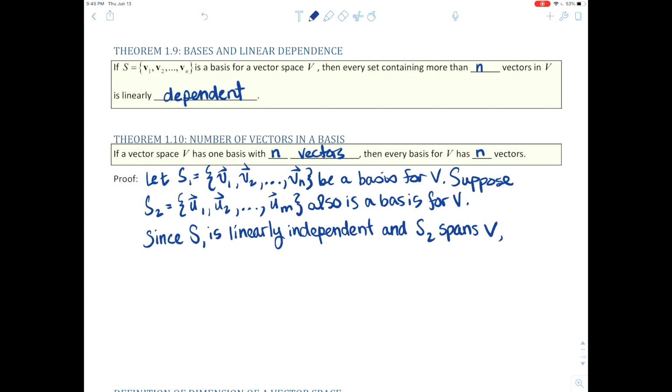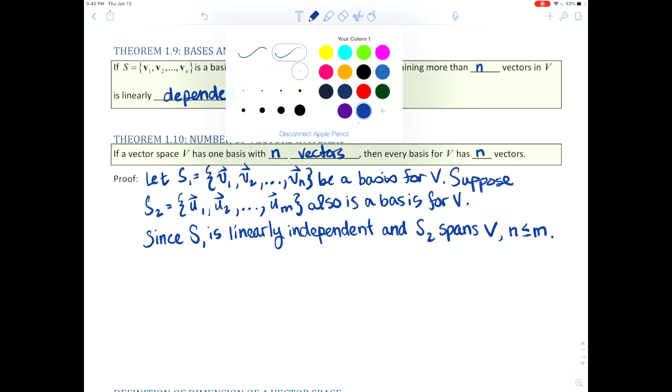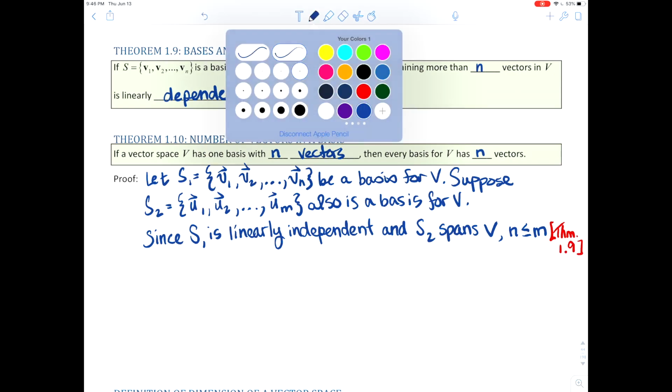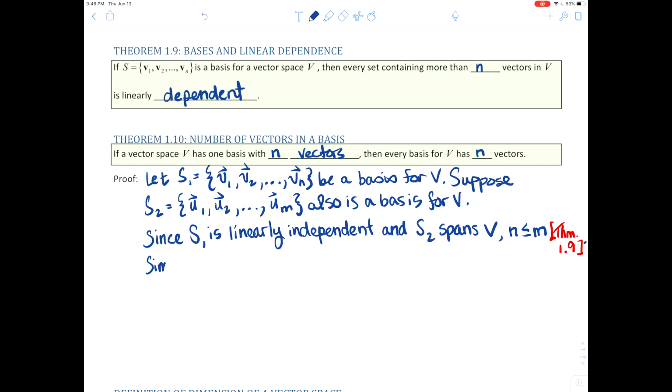Well, since we know that, n has to be less than or equal to m. Cool so far? And that's by what? That last one of those theorems, theorem 1.9.